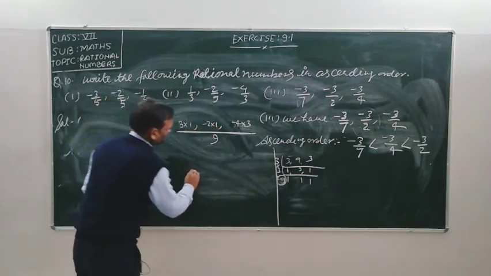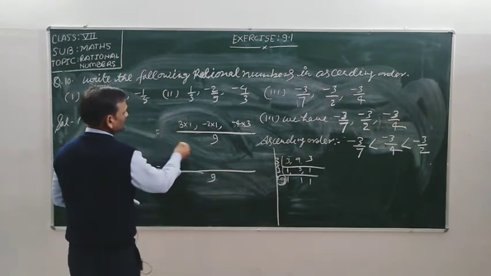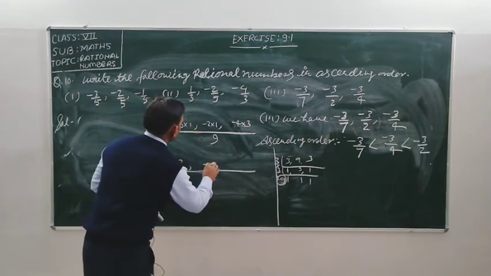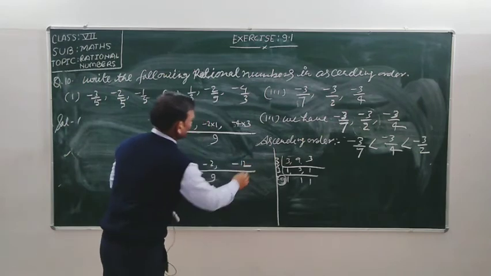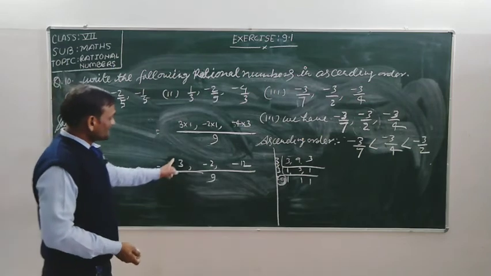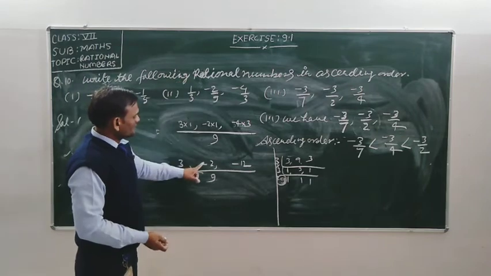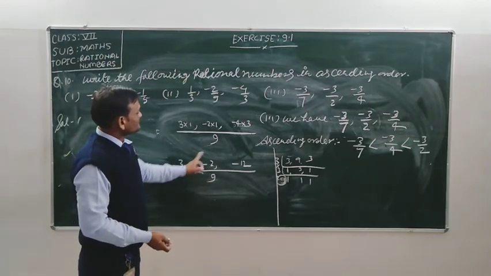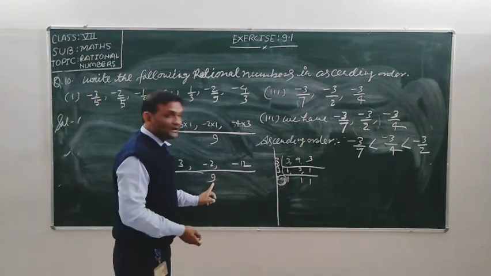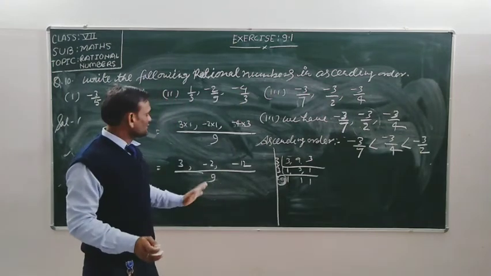We get 3 ones are 3, minus 2, minus 12. Minus 3 upon 9 has come in the place of 1 upon 3. Minus 2 upon 9 has come in the place of minus 2 upon 9. Minus 12 upon 9 has come in the place of minus 4 upon 3. All are equivalent.